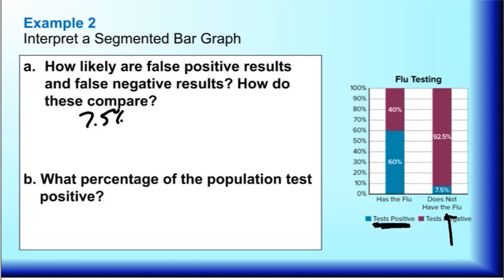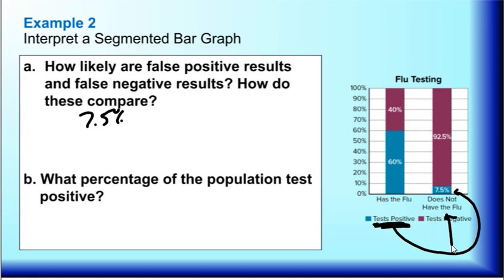Because here, this is the positive color. This whole bar here tells us that you don't have the flu, but according to the test, it says you tested positive for it. So that's a false positive.